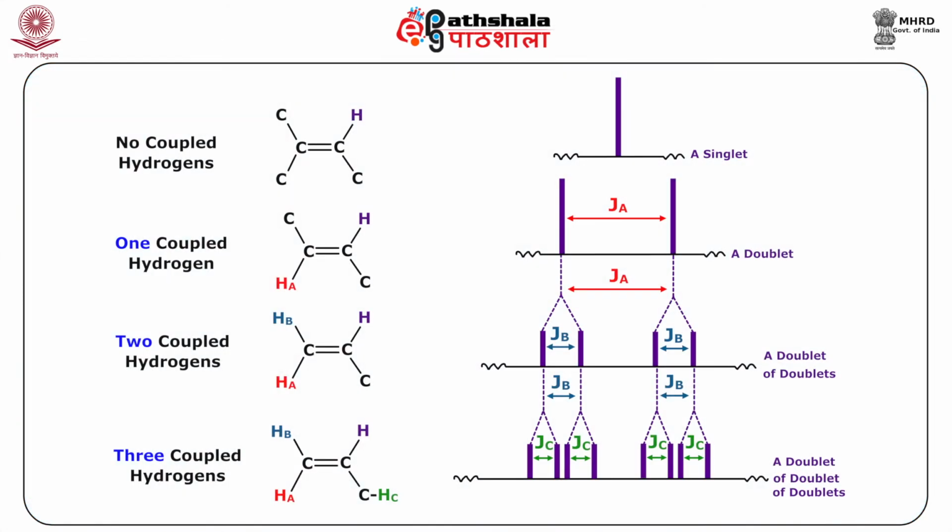Now you can see various cases in this figure, one with no coupled hydrogens, the other with one coupled hydrogen and the other with 3 coupled hydrogens, and their splitting patterns.